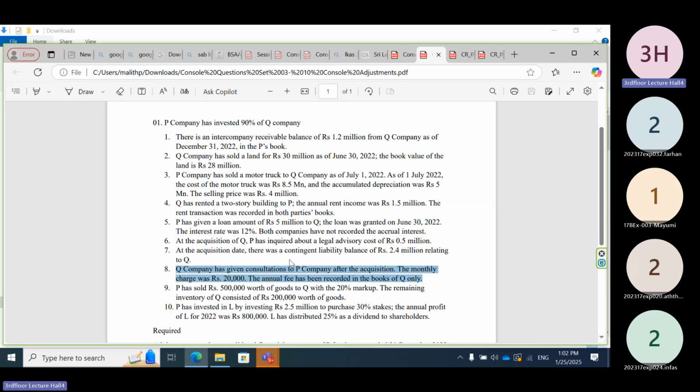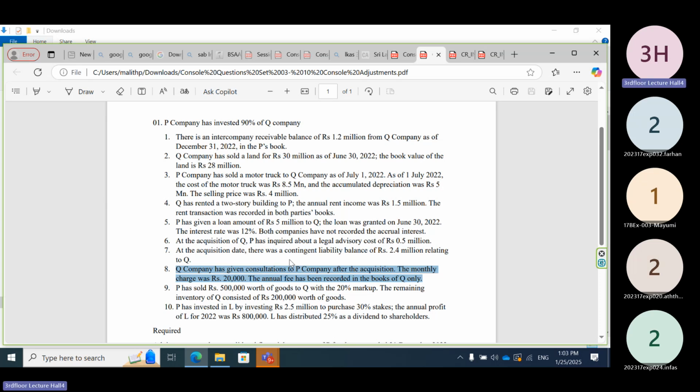A and B are parent and subsidiary. A sells 20,000 items to B for 30,000, and whatever the items, B sells outside for 50,000. They purchased for 30,000. So here we have 50,000 inside, and here we have 30,000.